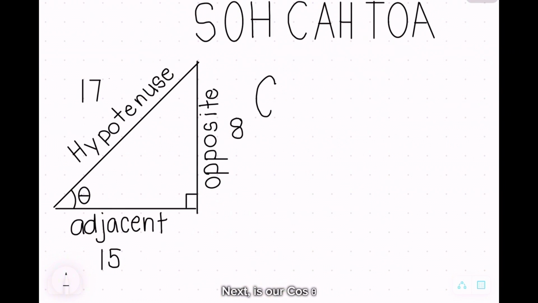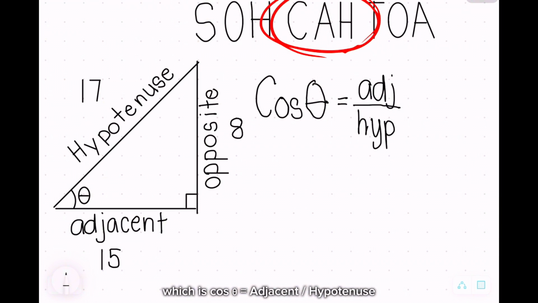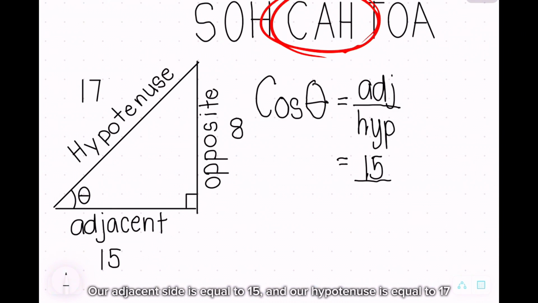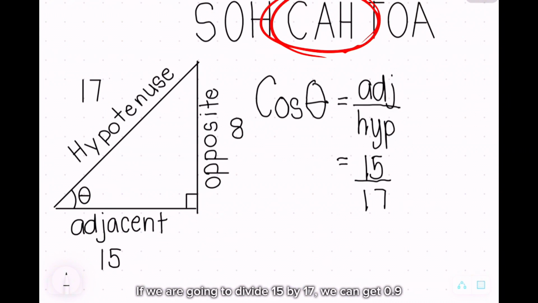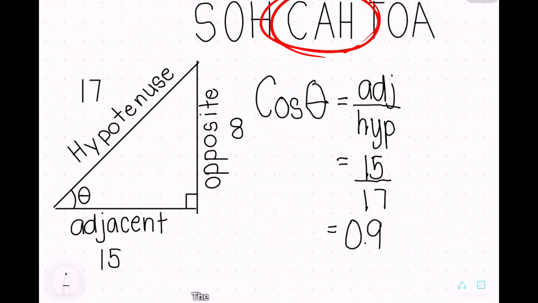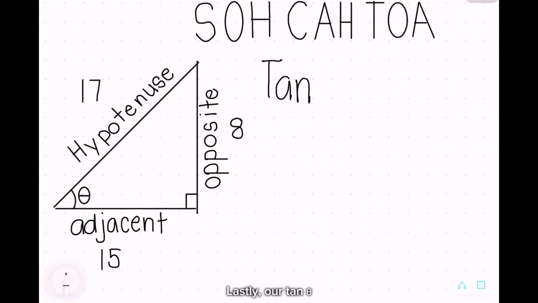Next is our cosine theta. We are going to use CAH, which is cosine is equal to adjacent over hypotenuse. Our adjacent side is equal to 15 and our hypotenuse is equal to 17. If we divide 15 by 17, we can get 0.9. Therefore, our cosine theta is equal to 0.9. Lastly, our tangent theta.